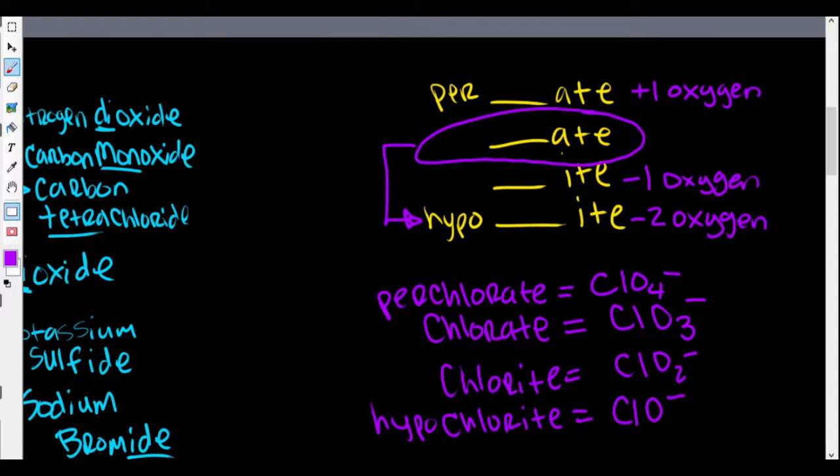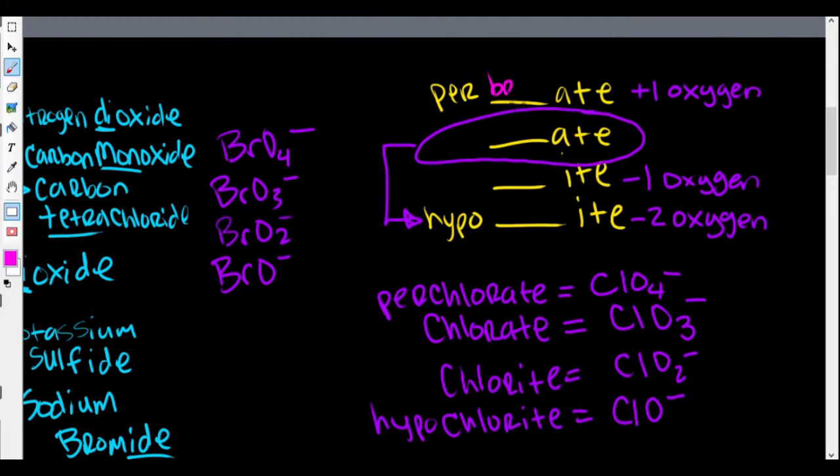So stuff like BrO minus, BrO2 minus, BrO3 minus, BrO4 minus. So perbromate, then bromate, and then bromite, and hypobromite.